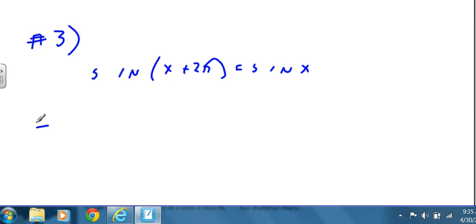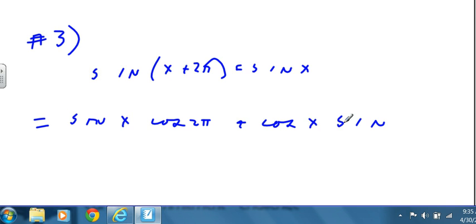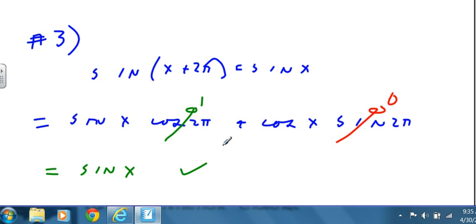And we remember, because we just did it, that this is sine times cosine plus cosine times sine, and we have an x, and a 2 pi, and we remember that the sine of 2 pi is 0, and the cosine of 2 pi is 1, and this is going to be equal to the sine x. Check.